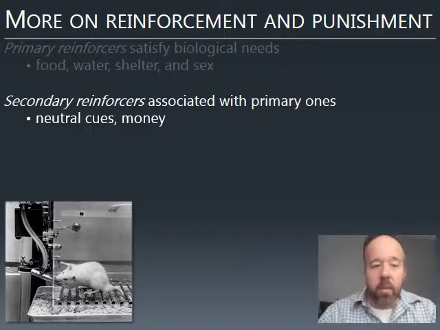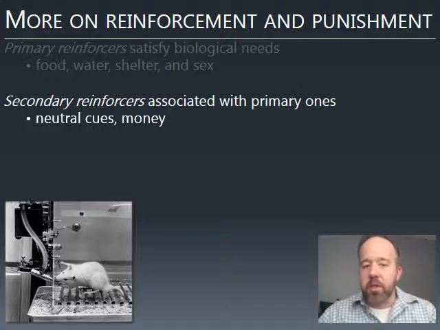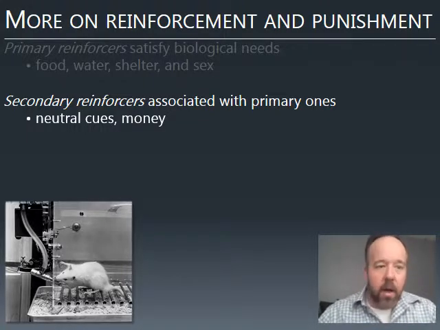You can use money to buy food or to buy water, to buy shelter. And so money is a good secondary reinforcer. People in experiments will exert a lot of effort for money. And not just in experiments, people in life exert a lot of effort for money because it's reinforcing. It is a secondary reinforcer.